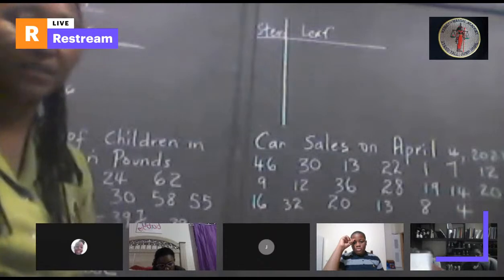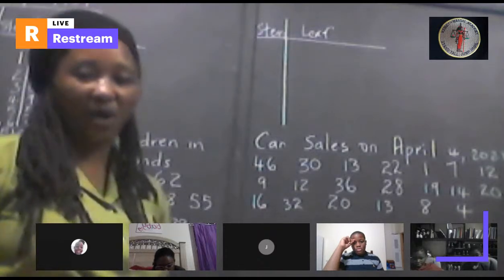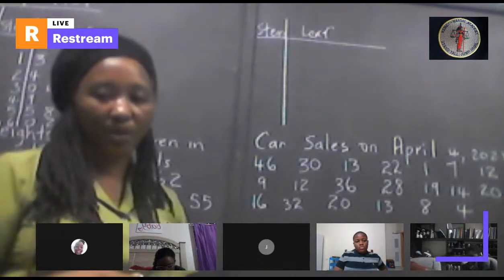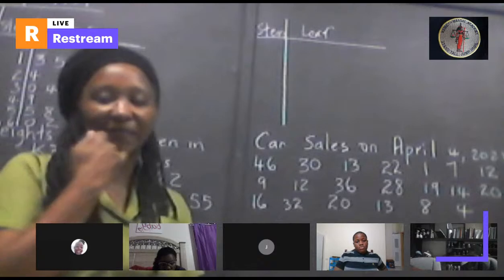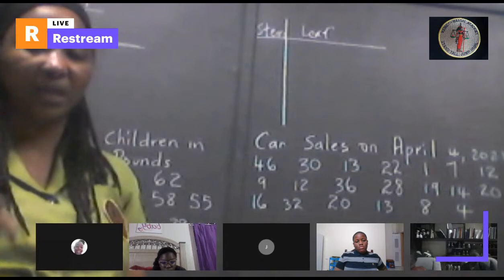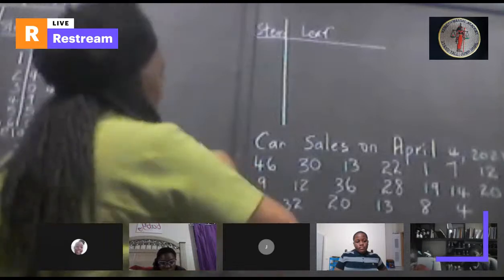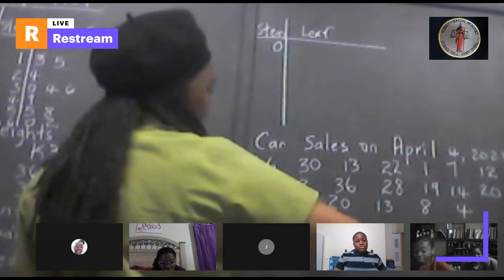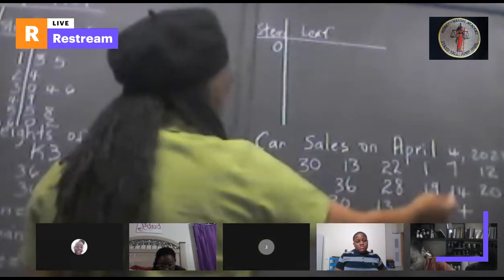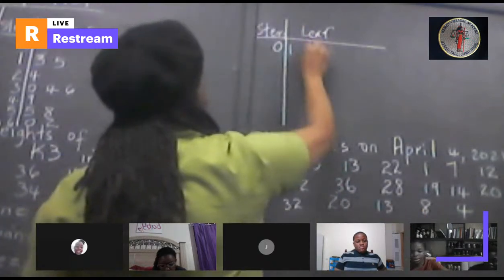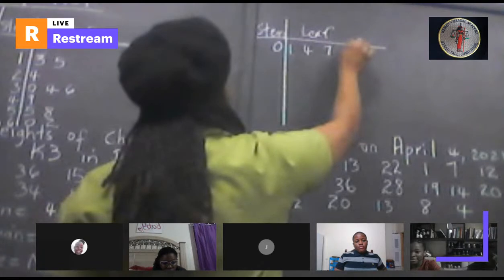All right, so now we're going to take them from the raw data and put them into the stem and leaf. Remember that the first digits would be the stem and the second digits would be the leaves. We have some single digit numbers: 1, 4, 7, 8, and 9.